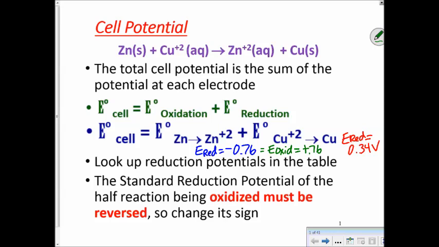And therefore, now we can calculate our overall E cell for both reactions together. That would be 0.34 for this one, 0.76 now for this one. And that gives us an overall value of 1.10 volts.